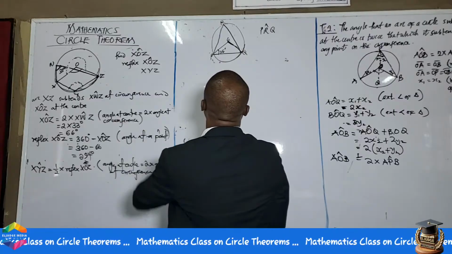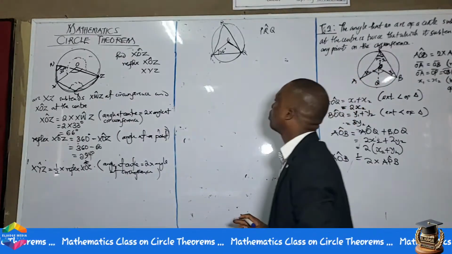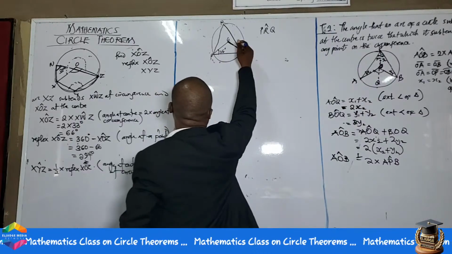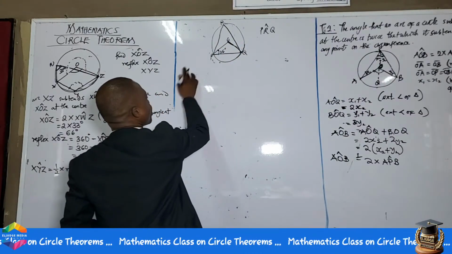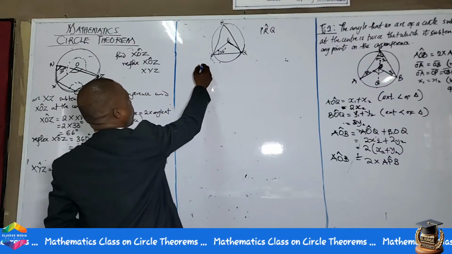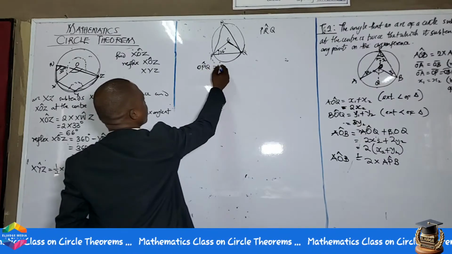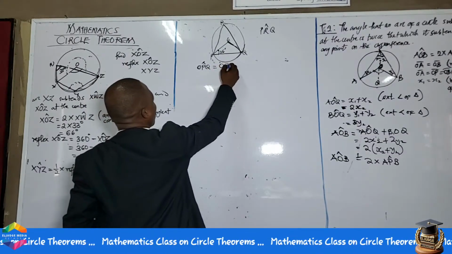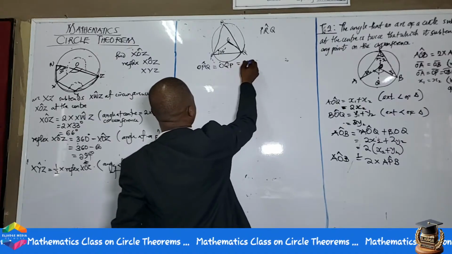So in this case, solving this involves so many other things. The first thing that we have to note is this angle P. You let them know that angle OPQ is the same thing as angle OQP, which is the same thing as 36 degrees.